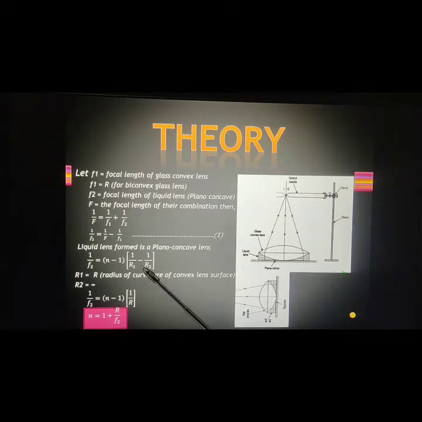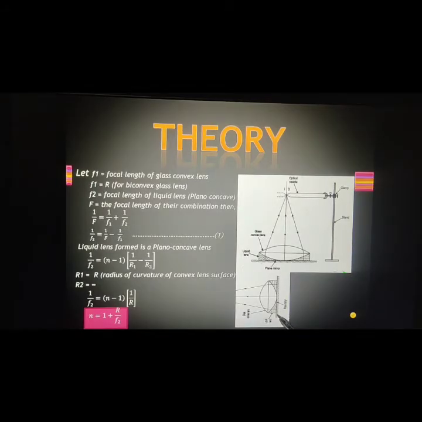So we have R1 as R, which is the radius of curvature of the convex lens, and you have R2 of this lens. R2 is the radius of curvature of this plane mirror, and for a plane mirror, the radius of curvature is infinity.